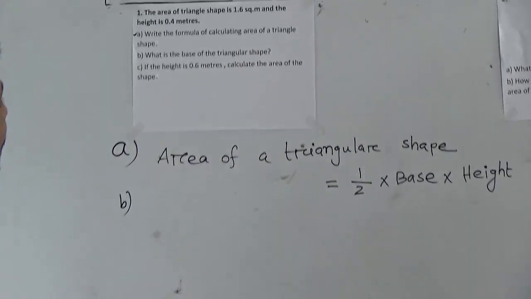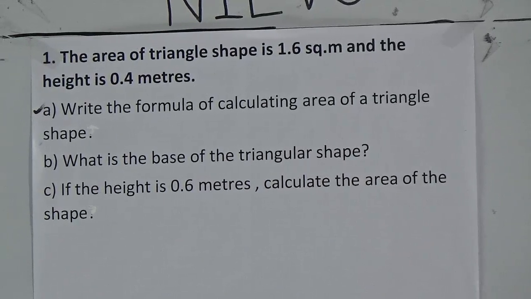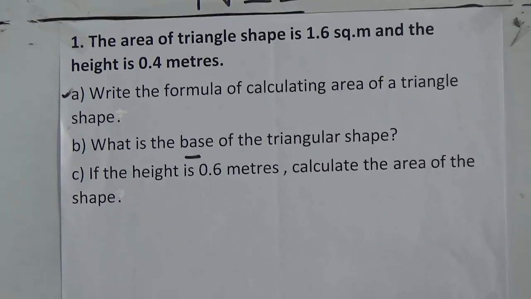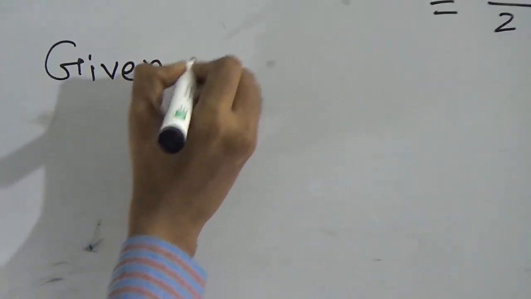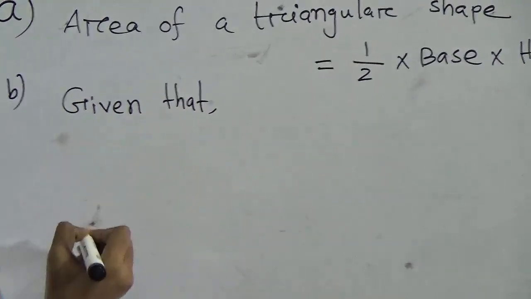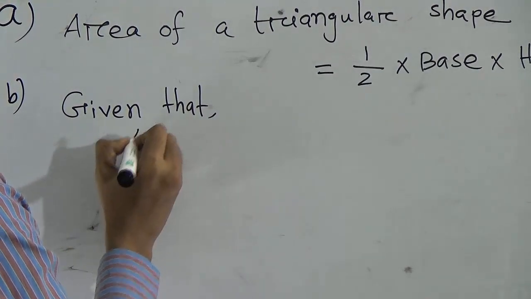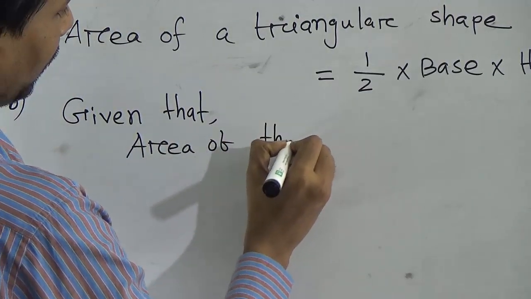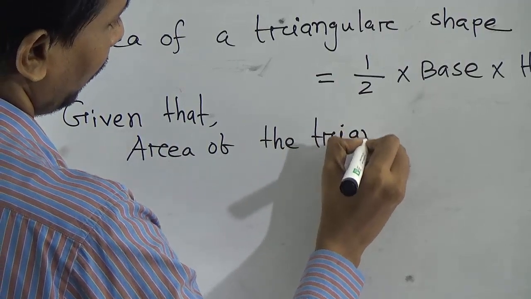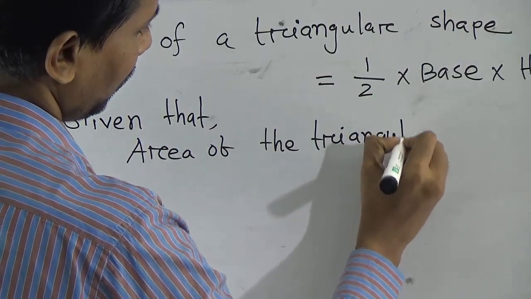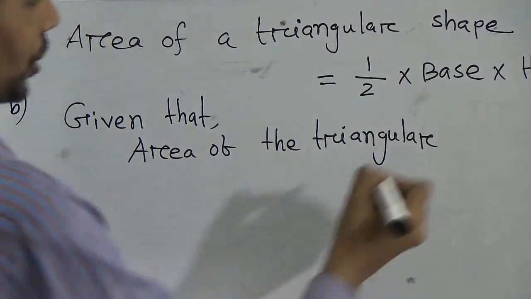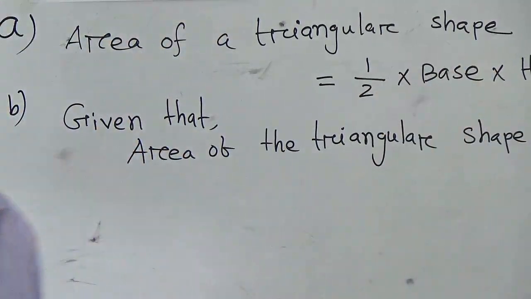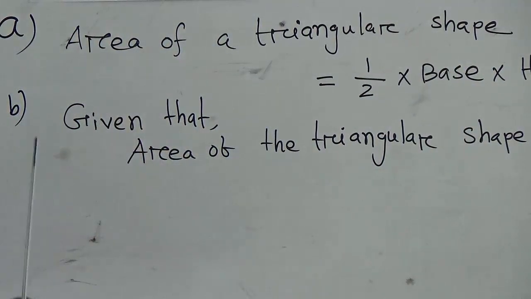Now see B number. What is the base of the triangular shape? That means we have to determine now the base of the triangular shape. Given that the area of the triangular shape is 1.6 square meter.